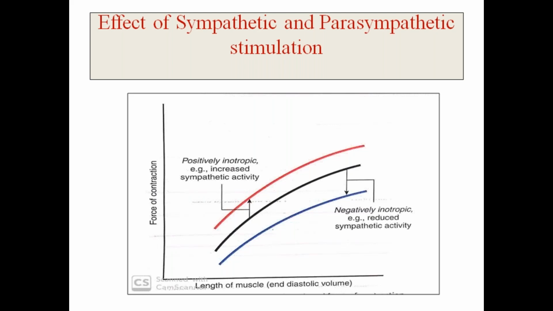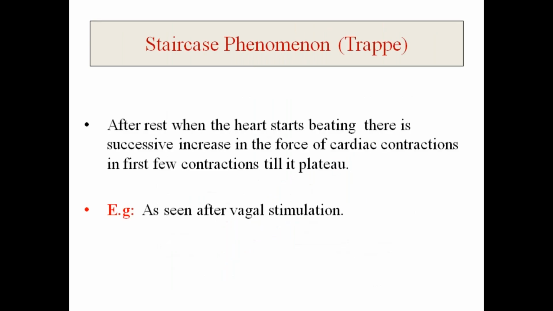Whenever there is parasympathetic stimulation, acetylcholine is released which acts over the M2 receptor, and this M2 receptor activation will cause activation of potassium channels and inactivation of calcium channels. As a result, the force of contraction will decrease.